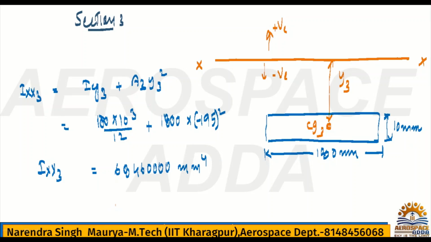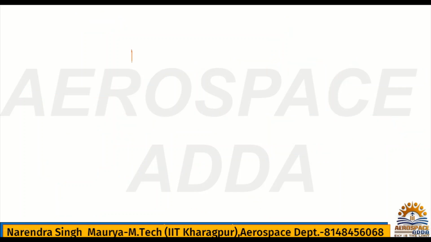Right, this is Ixx3, and you can see here Ixx3 is nothing but Ixx1, the same, because it's symmetric. So Ixx1 and Ixx3. Now if you want to calculate the total Ixx for the complete section, it's nothing but Ixx1, Ixx2 and Ixx3. We add all three and then calculate Ixx.